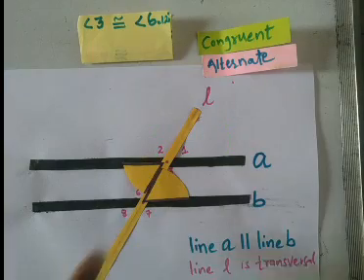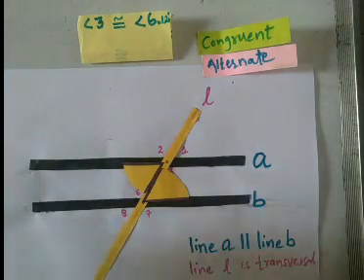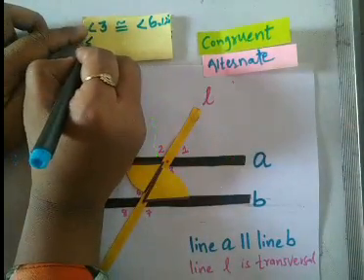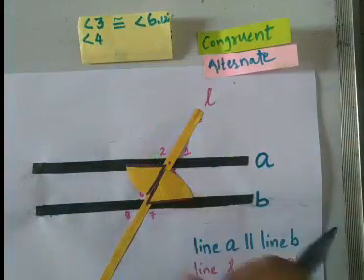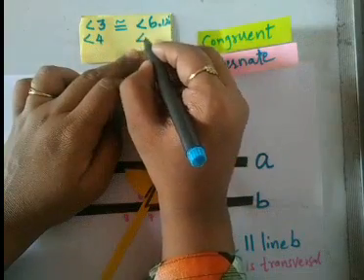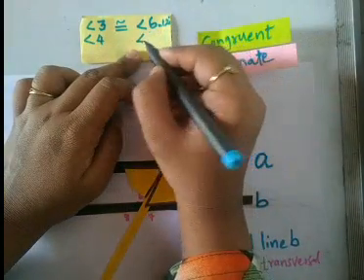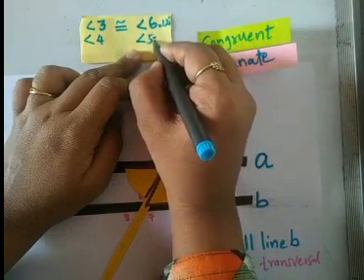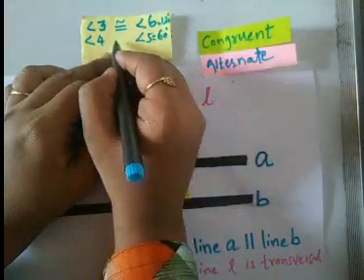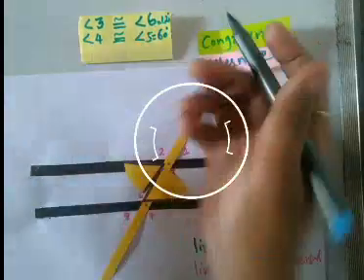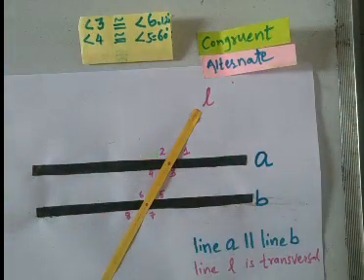So this was angle number 4, and this is angle number 5. Angle number 4 and angle number 5 are congruent to each other. They both are 60 degrees and they are alternate, so they would be congruent according to the properties.